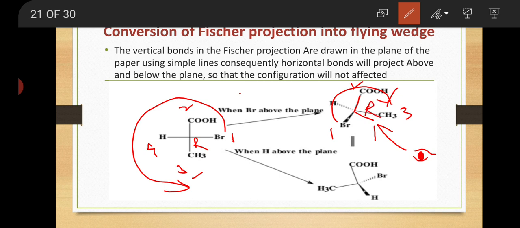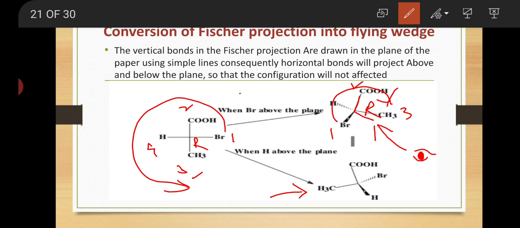Let's take when hydrogen is above the plane. Hydrogen is above the plane of the molecule, COOH and CH3 are in the plane, and Br is below the plane of the molecule. If we are seeing from this side, the fourth priority group is above the plane.